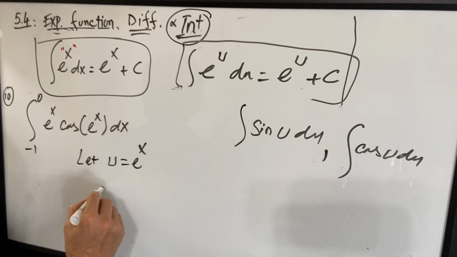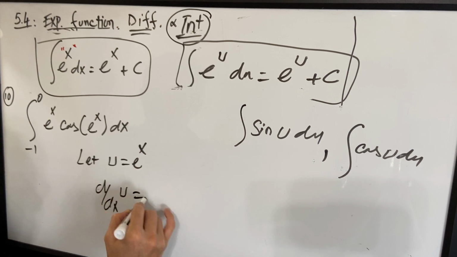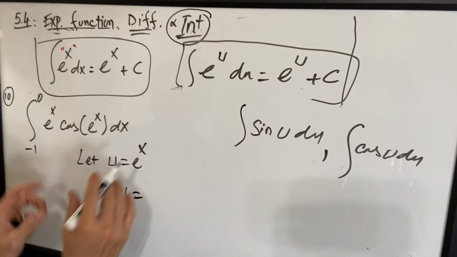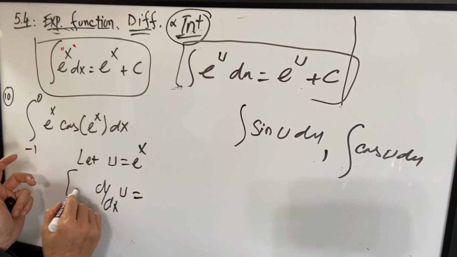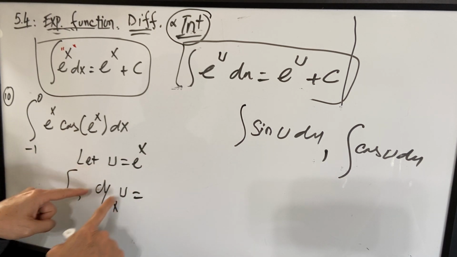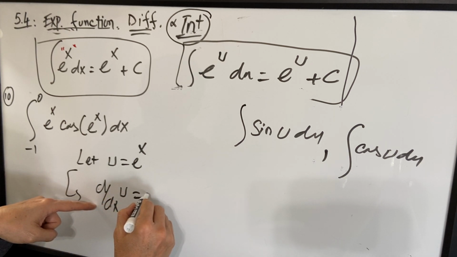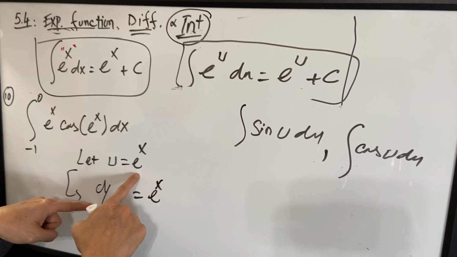All right, what did you do? Take the derivative: du/dx equals what? What is the derivative of e to the x? You take the derivative of both sides. That's what I'm doing. D over dx, which is u prime, and the derivative of e to the x is itself.